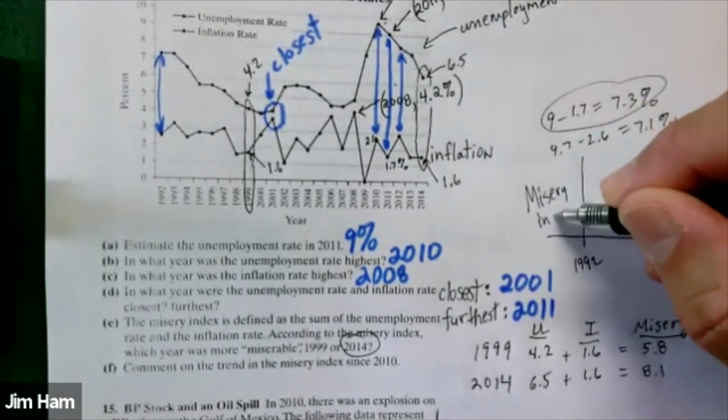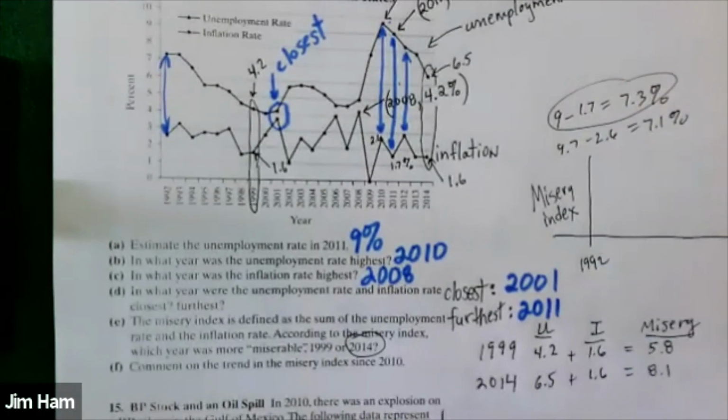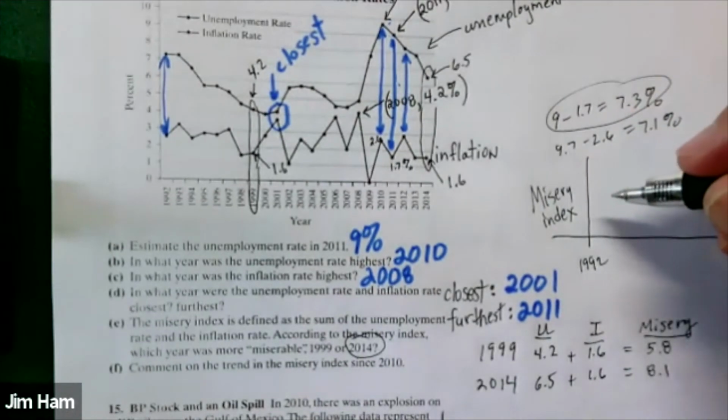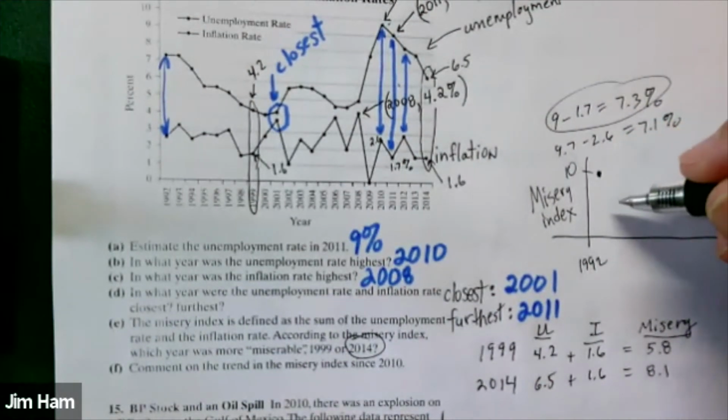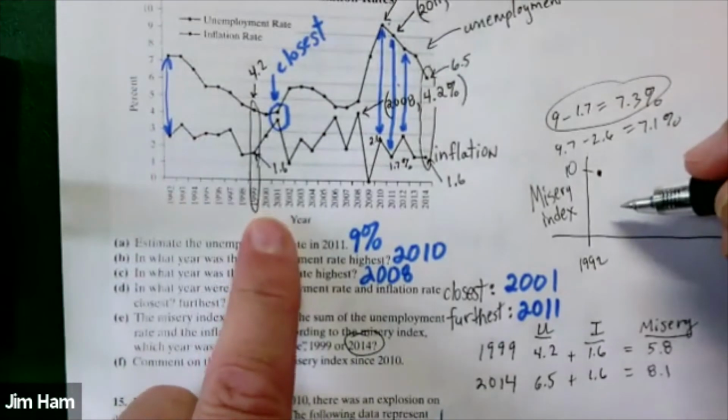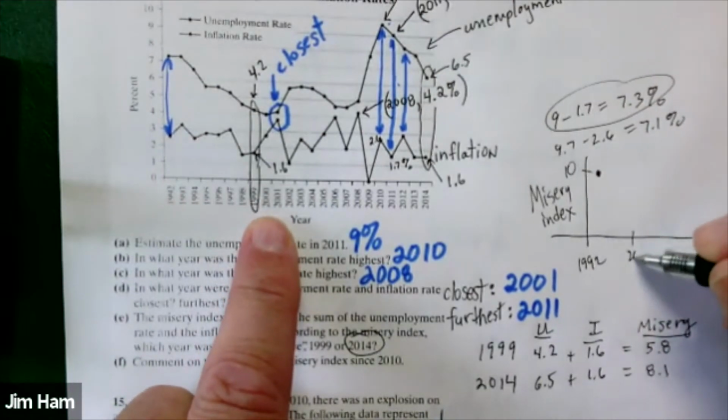So in words, you can say something like from 1992, if this is the misery index, and this is just a ballpark, it's going to be up around 10 in here, and then it's going to continue to decrease to about the year 2000.